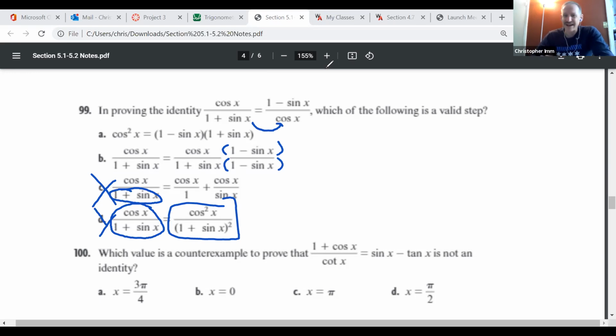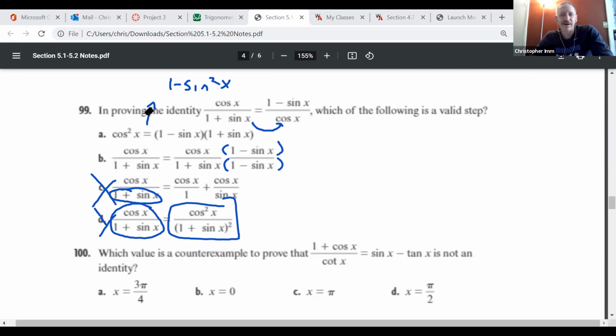And A is not totally correct because this cosine squared would be 1 minus sine squared by the Pythagorean identity. Well, you know what? It actually would be valid. I have no reason to believe it would not be valid.